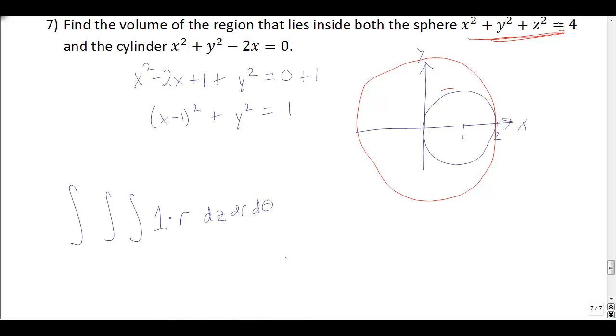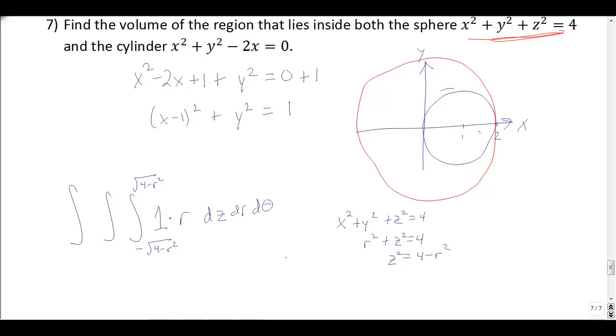What's that sphere in cylindrical? When I have x squared plus y squared plus z squared equals 4, x squared plus y squared is r squared, so r squared plus z squared equals 4. So z squared is 4 minus r squared, and z goes from negative square root of 4 minus r squared to positive square root of 4 minus r squared. Those are my z bounds.